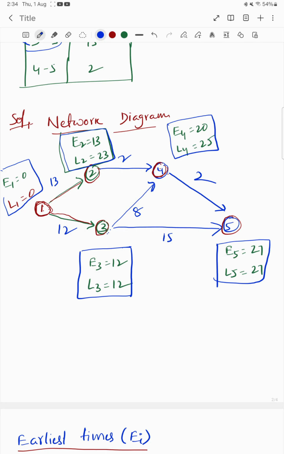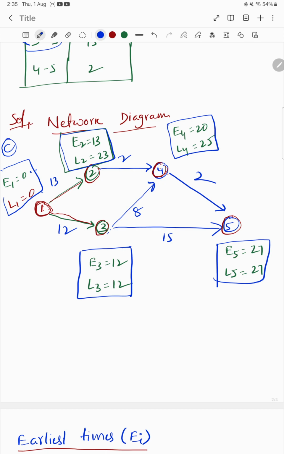Now we need to find the differences between the earliest times and latest times to find the critical activities. Which activity has 0 float? Here the float is the difference between the earliest and latest times. E1 minus L1 is 0, so this is a critical activity.